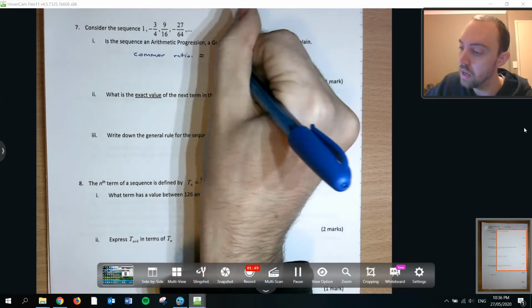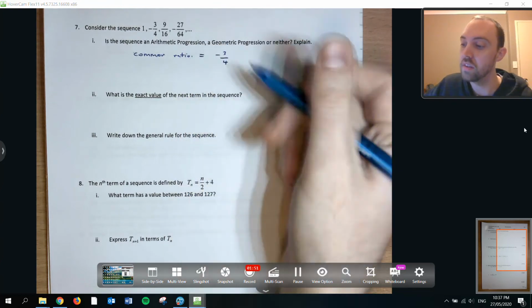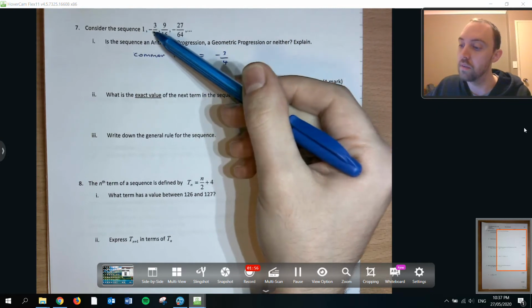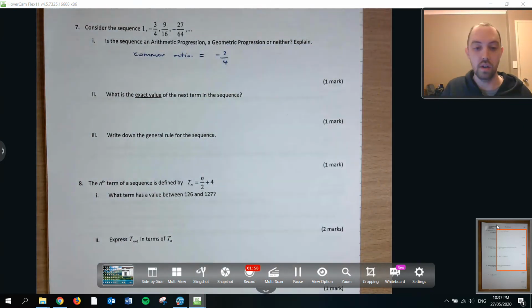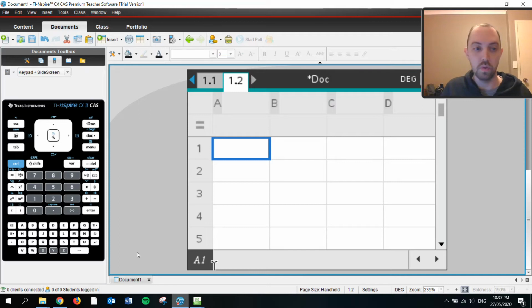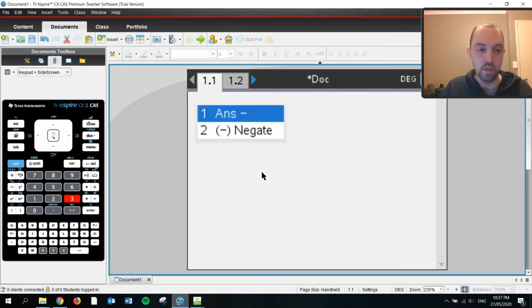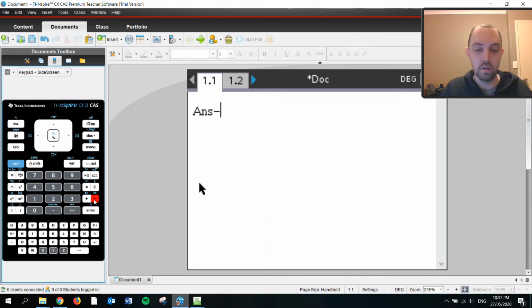of negative 3/4, and it's negative because it's got a balance between positive and negative. Times by negative 3/4, I get to negative 3/4. If I go on this calc section, negative 3/4, and I am timesing by negative 3/4, 9/16.